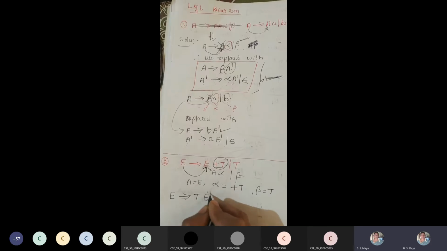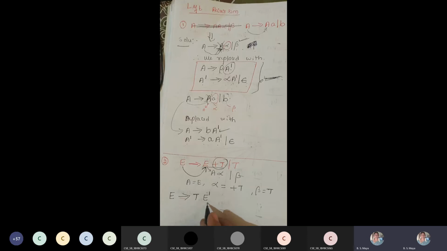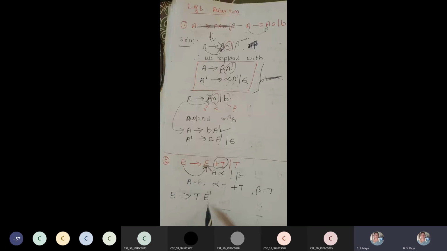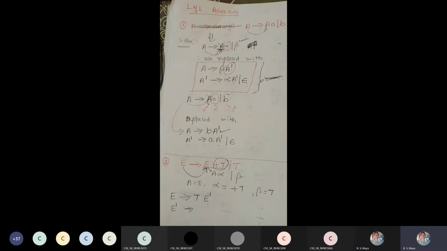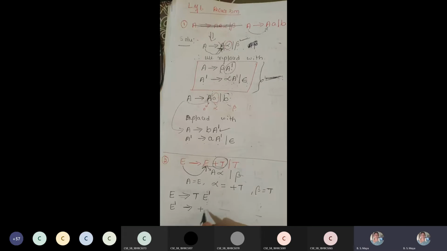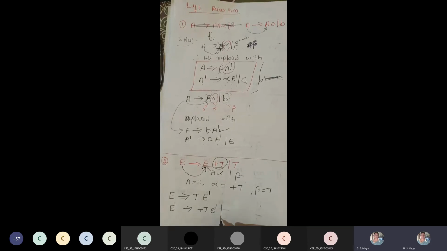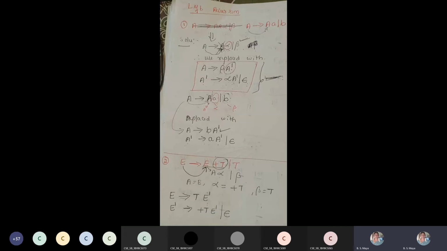This is a new non-terminal added as per the formula. As per the formula, after beta I am writing E dash. You have to define it in the next line. Slowly you understand. What is E dash? Plus T, alpha. What is alpha? Plus T. Including that, what should be added? E dash. Very good. After that? Epsilon. Without fail, you should add the epsilon production.